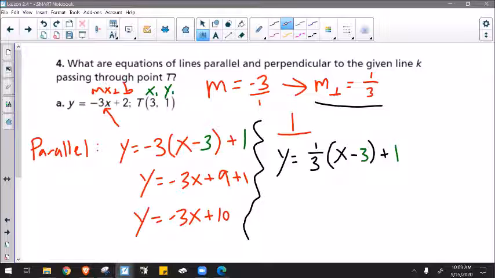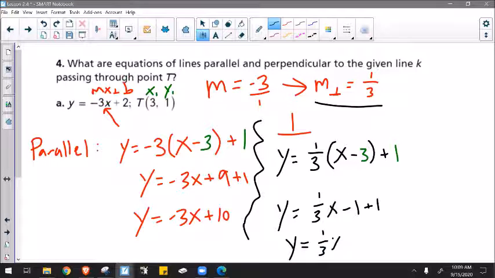And then again, simplifying, you're going to get y equals one-third x minus 1 plus 1, which simplifies down to y equals 1/3 x plus 0. And since it's plus 0, you don't even need that. You could just say y equals 1/3 x. Right. Same thing.